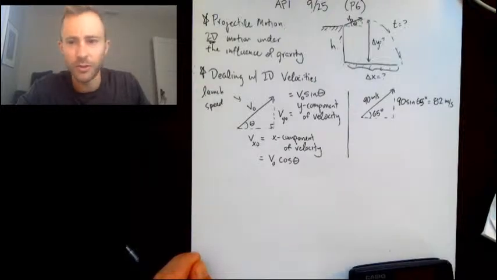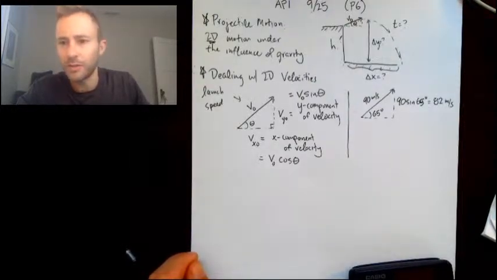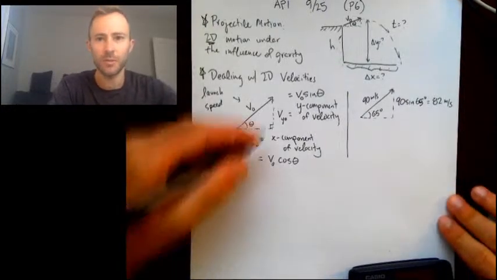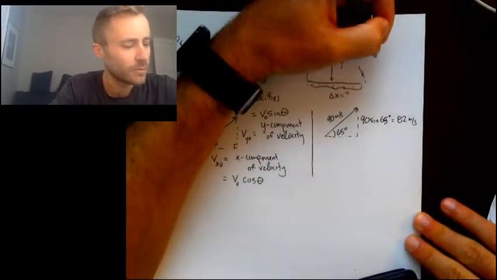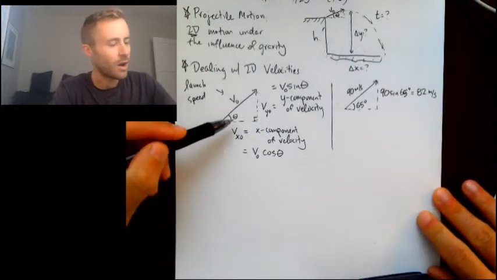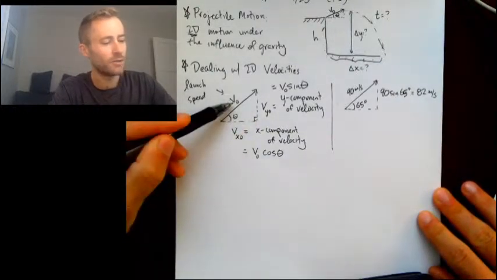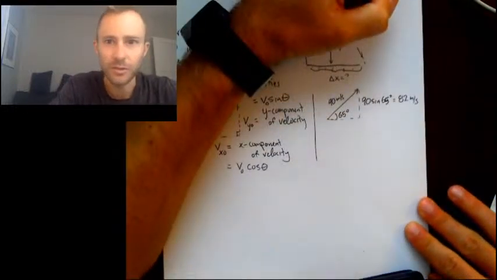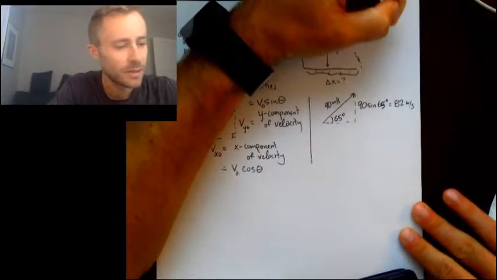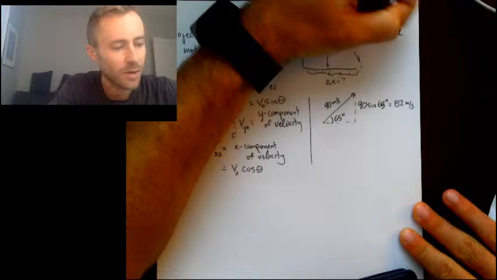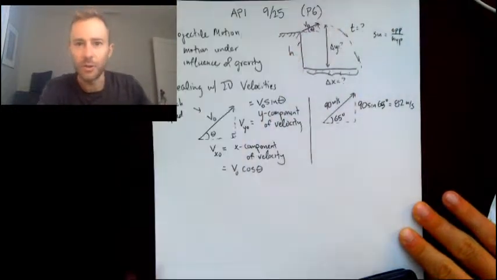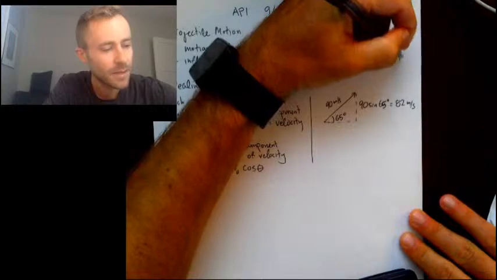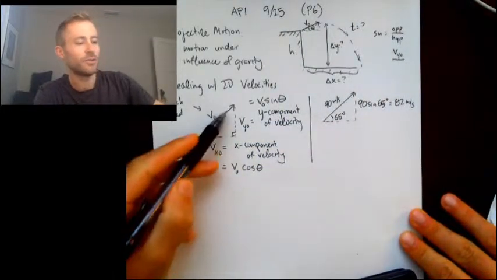So there's a question: why is sine of theta multiplied by the initial velocity? That's a really good question. So I'm going to answer it up here. If we look at this, sine is opposite over hypotenuse. The opposite is Vy naught, and the hypotenuse is just V naught.